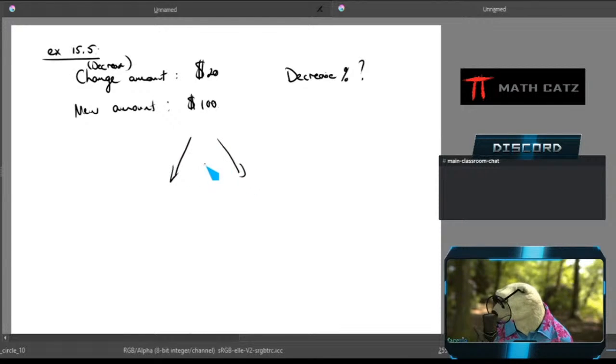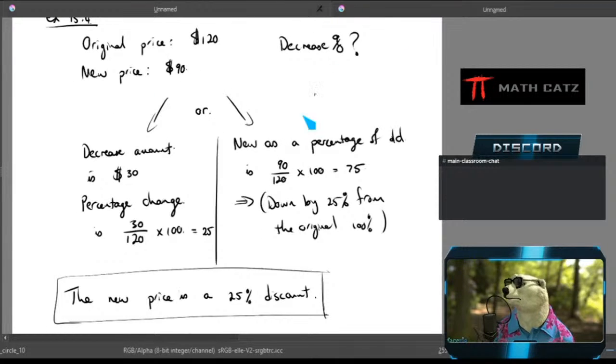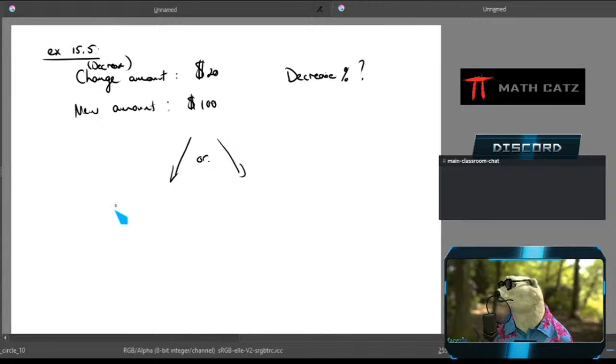and look at the two to know my options, but you don't have to do both, of course. Just in the same spirit as the previous one, I focus on the decrease amount. However, when I look at the percentage, it's relative to the original. It's relative to the original. So I am going to have to find what is the original amount.